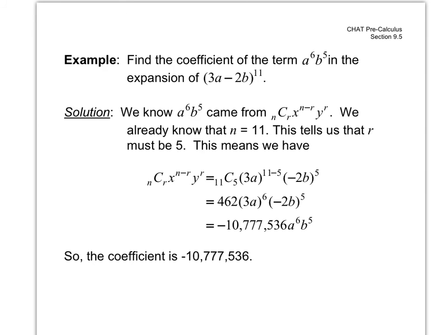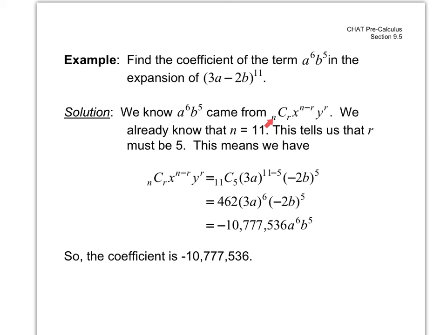Okay, here's one last problem. Find the coefficient for this term in this expansion. Now, this is an 11, so I know I would have 12 terms if I wanted to put 12 blanks in. And I'd be looking at what term this is. So remember that this had to have come from this definition of the term. Now I know that n is 11 because this is an 11.